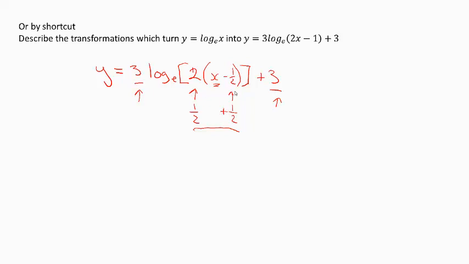So anything inside the bracket is happening to the x, so it's from the y-axis, and this part which is happening to the y value is from the x-axis. If it's outside the bracket, you just do whatever it says. If it's inside the bracket, you do the opposite. Okay.